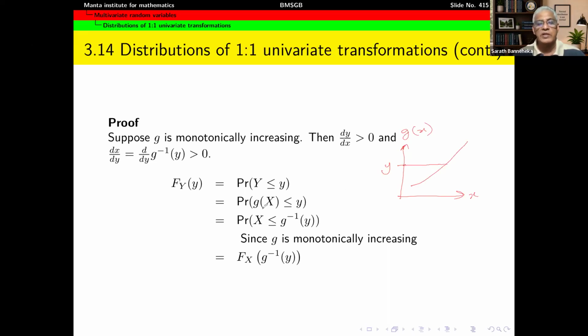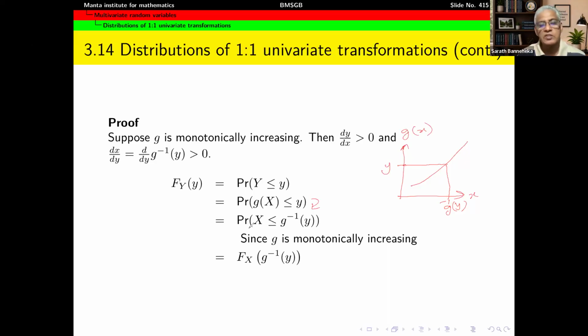We are looking at g(x) less than or equal to y, so that means this region. The x value here is g inverse y. So g(x) is less than or equal to y when x is less than or equal to g inverse y. That happens because g is monotonically increasing.